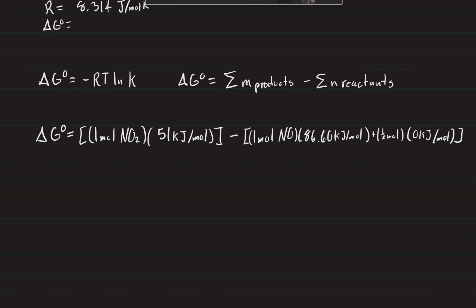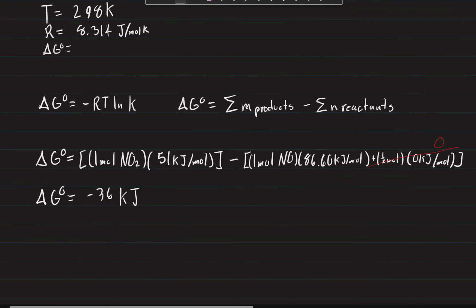With that 0, this just goes to 0. So we're just left with calculating the rest. You should get that your delta G is equal to negative 36 kilojoules.